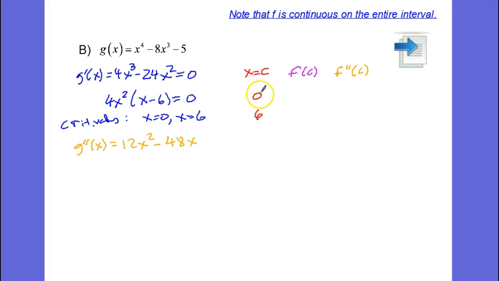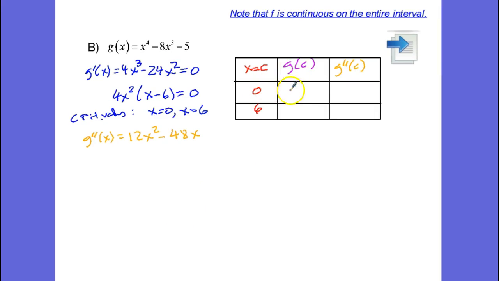G of 0, let me fix that. So g of 0 is negative 5 if we substitute into our original function, and g of 6 is negative 437.